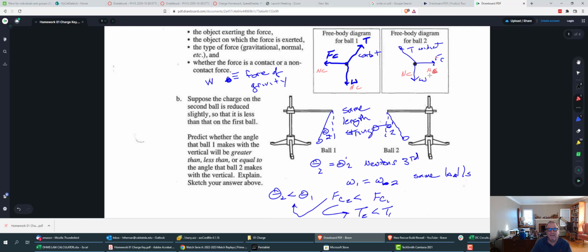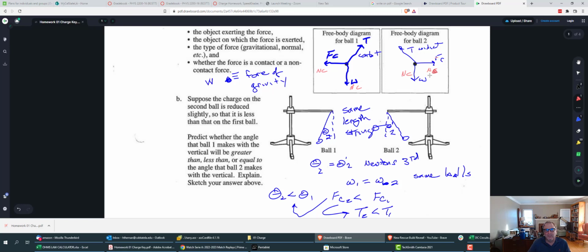Okay, so now they said, all right, everything is going to stay the same, but we're going to reduce the charge a little bit. So if everything stays the same just as before, the two angles, I labeled them theta 2 and theta 2 prime, they have to be equal to each other because whatever the Coulomb force is, one exerts it on the other, and vice versa, Newton's third law.